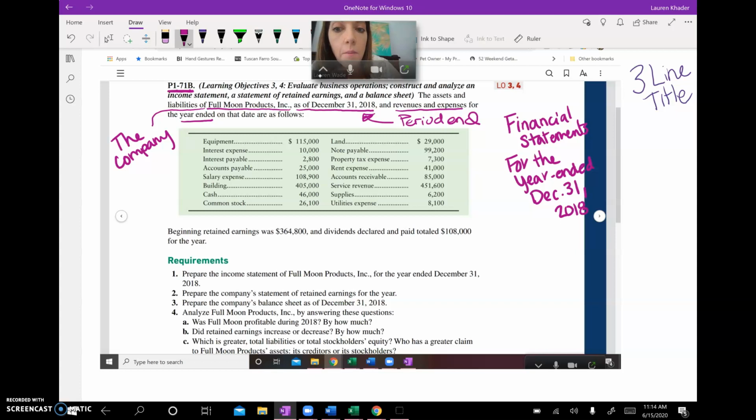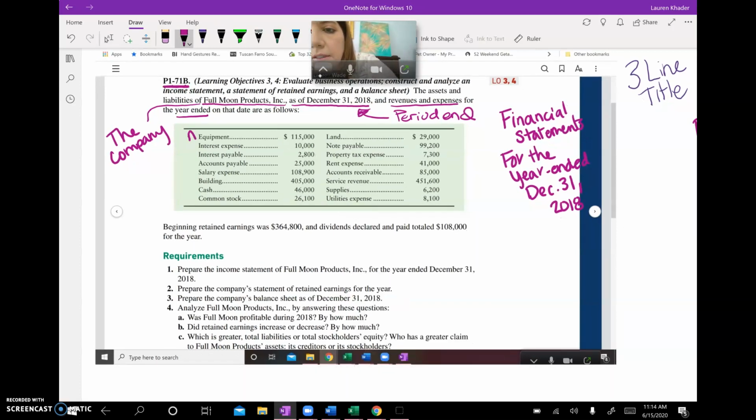First things first, I'm going to look at the names they give me, the titles of these accounts. So we have equipment. I know equipment is an asset. Interest expense is an expense. Interest payable is owed. It's a payable, so it's a liability.